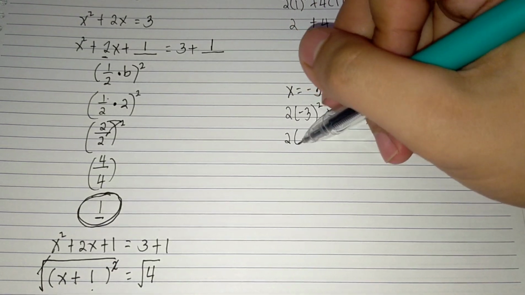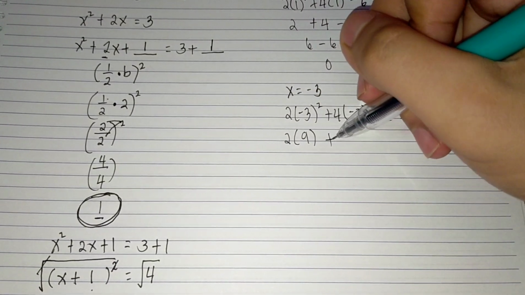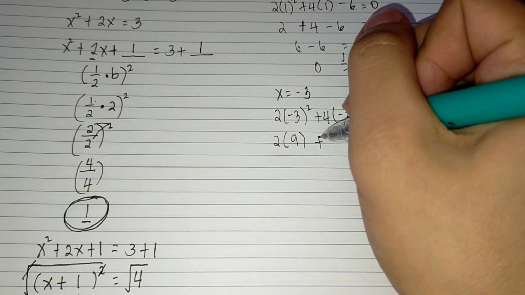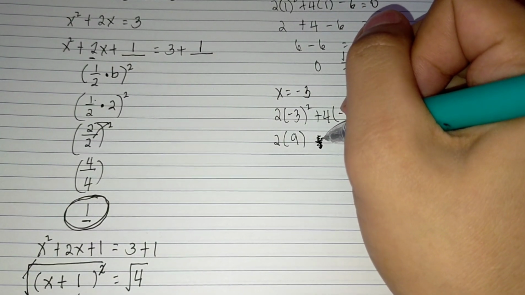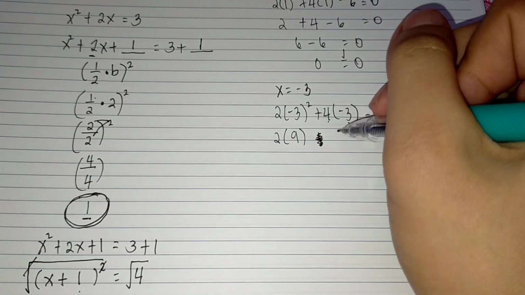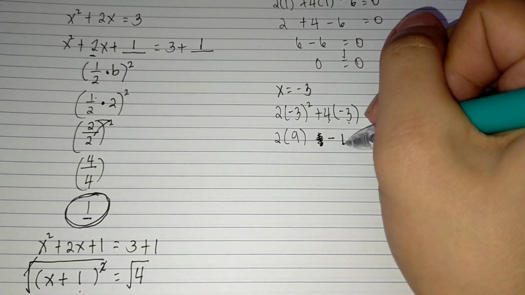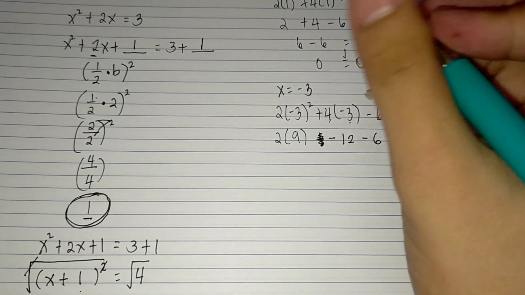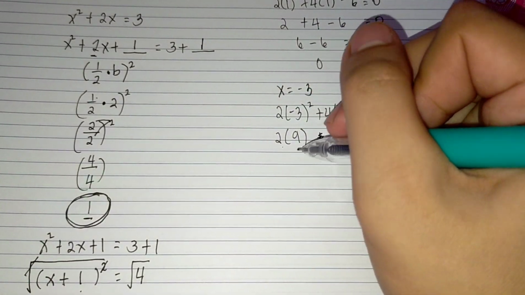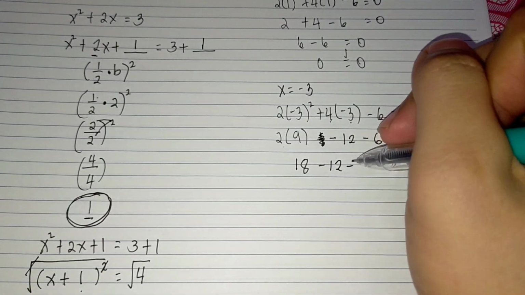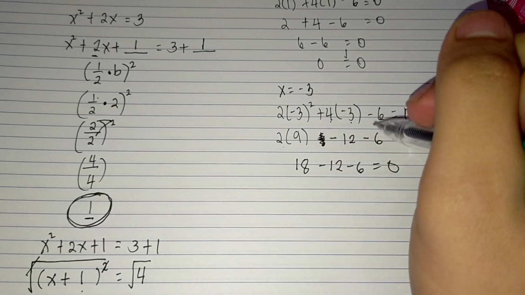So 2 times 9 plus, okay, so hindi yan positive. Kasi, when we multiply positive 4 to negative 3, the answer is negative 12 minus 6 is equal to 0. So, let's multiply 2 times 9, that is 18, minus 12 minus 6 is equal to 0.